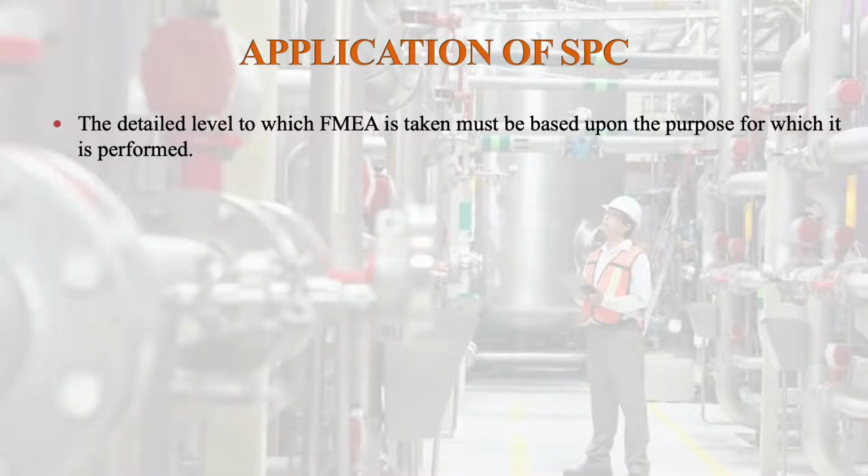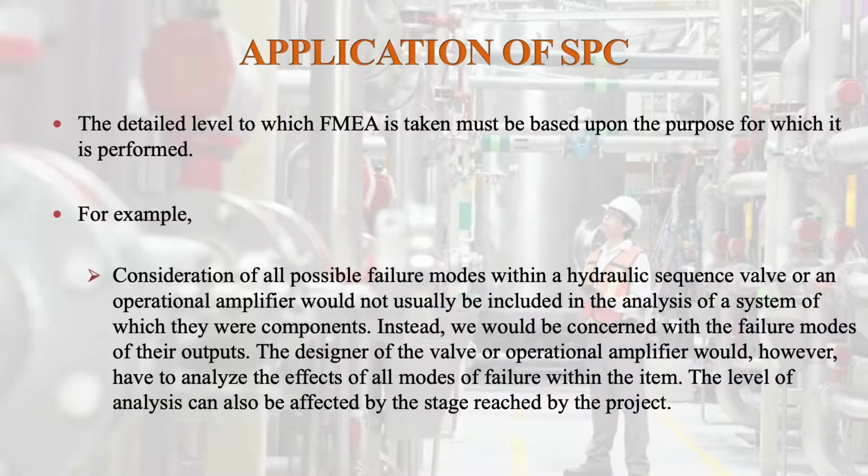The detailed level to which FMEA is taken must be based upon the purpose for which it is performed. For example, consideration of all possible failure modes within a hydraulic sequence valve or an operational amplifier would not usually be included in the analysis of a system of which they were components.